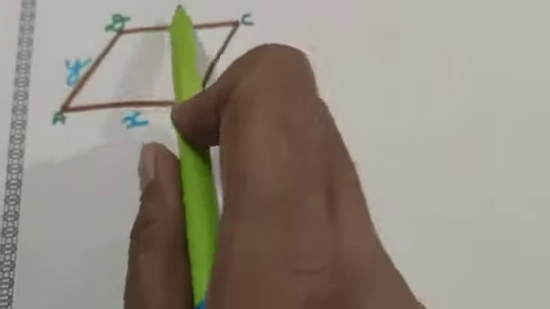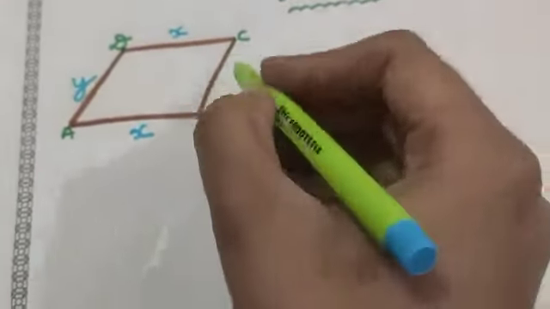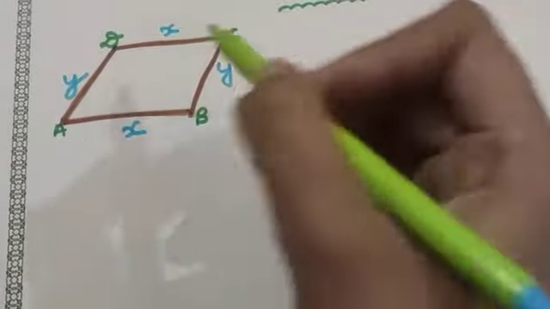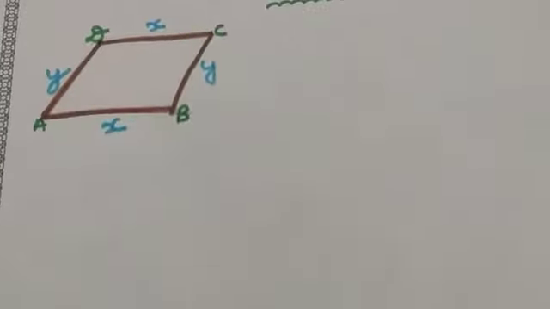That means CD is also x because CD is opposite to AB, and CB is y because CB is opposite to AD. So ABCD is a quadrilateral in which opposite sides are equal and parallel to each other.